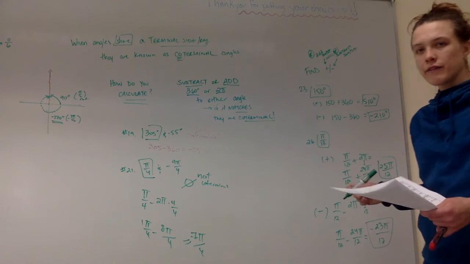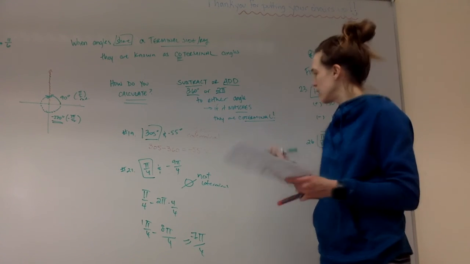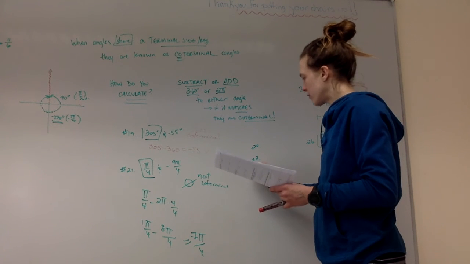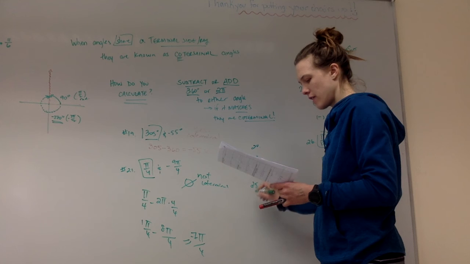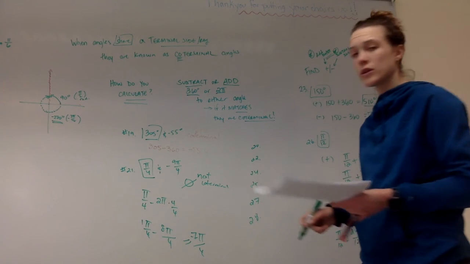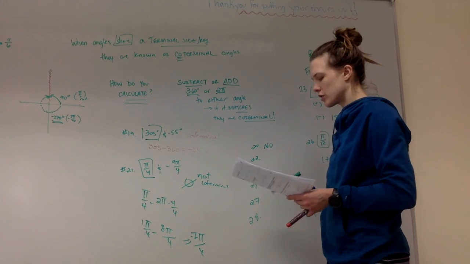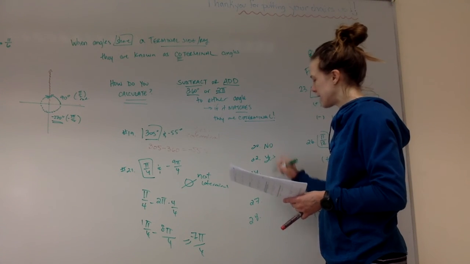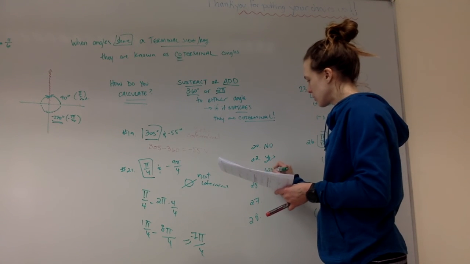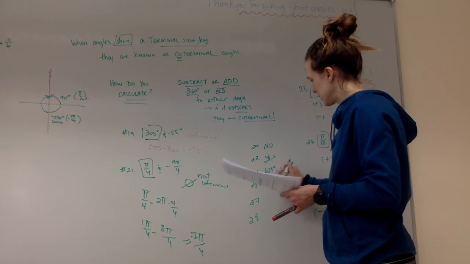Really quick, if you wanted the answers to the questions I want you to do, which are questions 20, 22, 24, 25, 27, and 28: the answer to 20 is no, not coterminal. 22 is yes, they are coterminal. 24 is 625 degrees and negative 95 degrees.